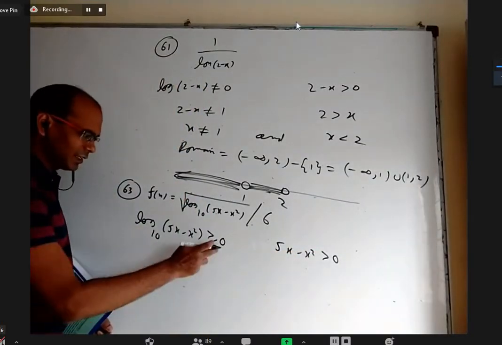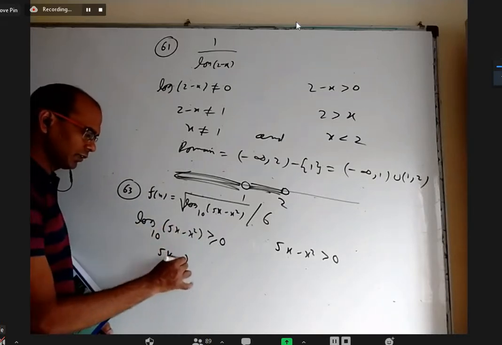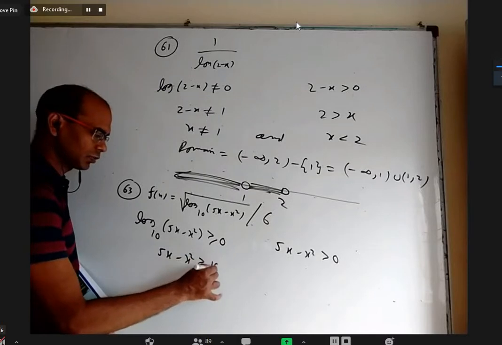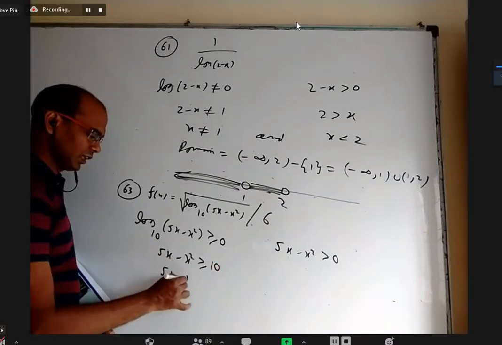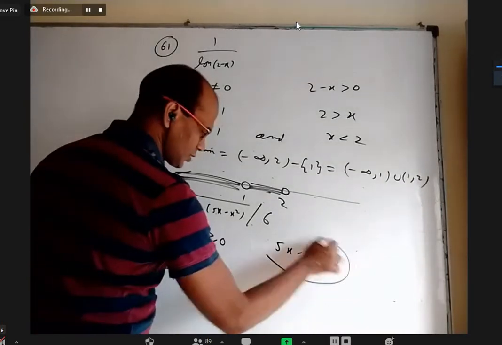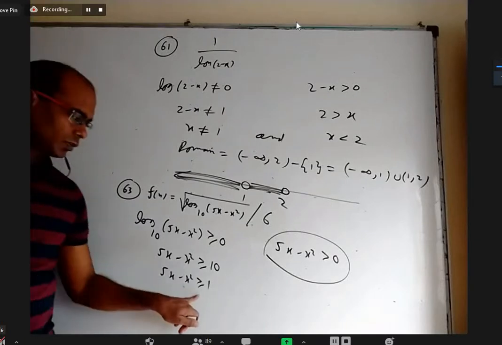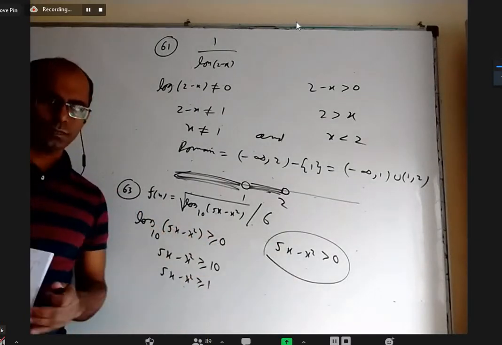When I send 10 here, the inequality will not change because this is more than 1. So I'll get 5x minus x square is greater than or equal to 10 power 0, which is 5x minus x square is greater than or equal to 1. Now I'm not going to check this. It's not that it is not important. If something is greater than or equal to 1, it is automatically greater than 0.